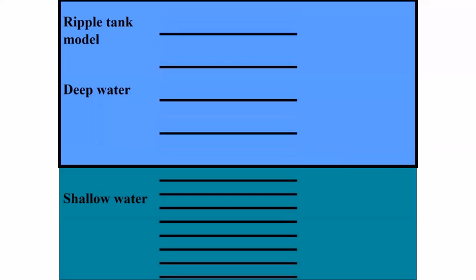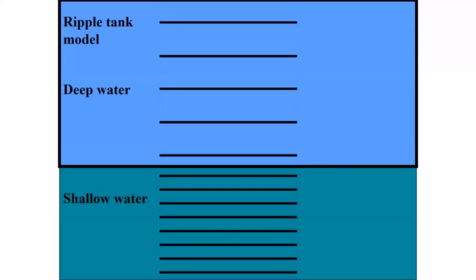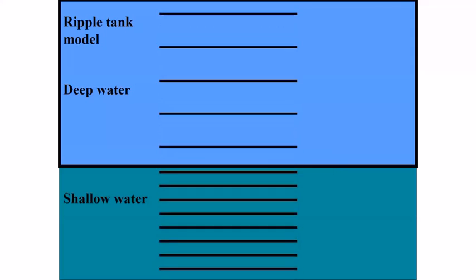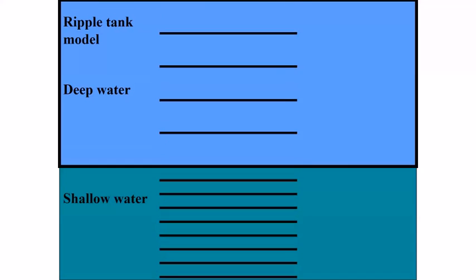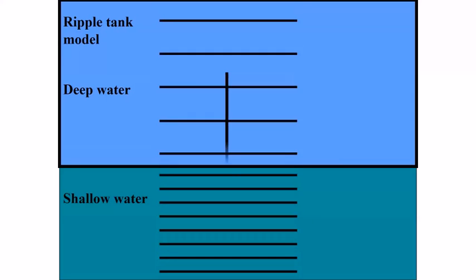So the property of the wave to move from one region of water to another by changing the speed, we call that refraction. What about the frequency? Frequency means the number of waves in 1 second.